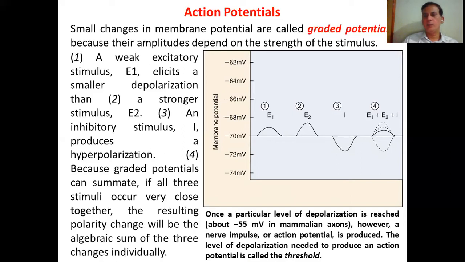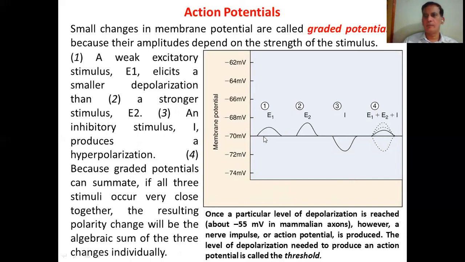Once a particular level of depolarization is reached, a nerve impulse or action potential is produced. Usually it is about minus 55 millivolt in mammalian axons. So if the stimulus does not reach minus 55, it will not generate any kind of impulse.